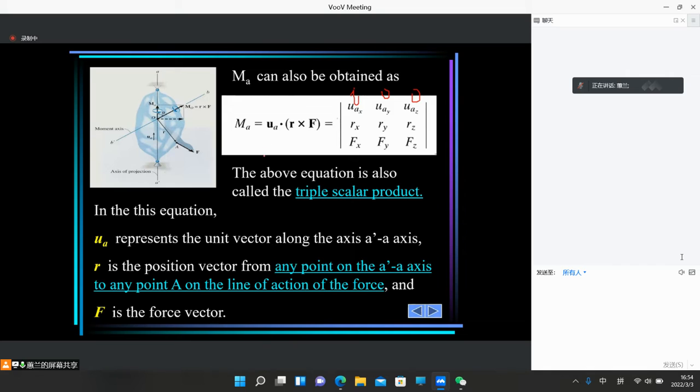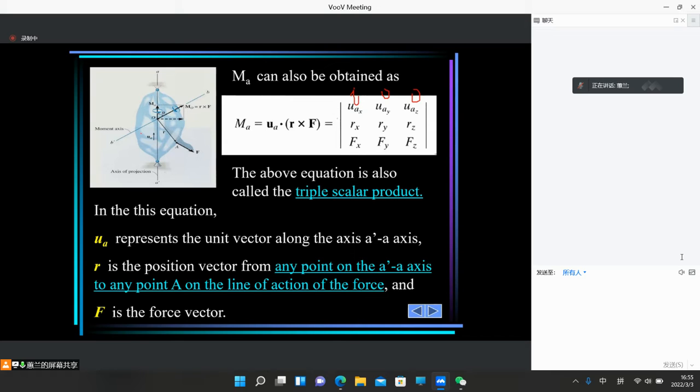You can calculate the moment about the x-axis easily. And because the moment of F about a point can be any point, you can choose the origin. The origin is located on the x-axis, y-axis, z-axis, right?